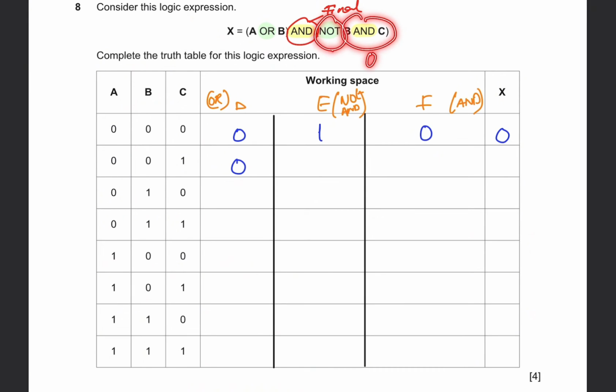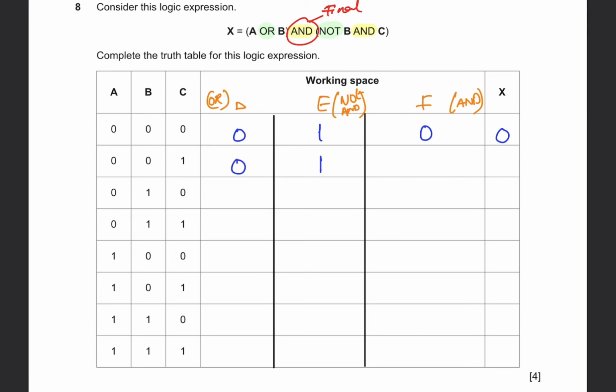And since we have a NOT gate, this 0 will invert to 1. 0 and 1 in an AND gate will give you 0. Then if you invert it with a NOT gate, it will become 1. So since it will become 1, again here also there will be a 1.